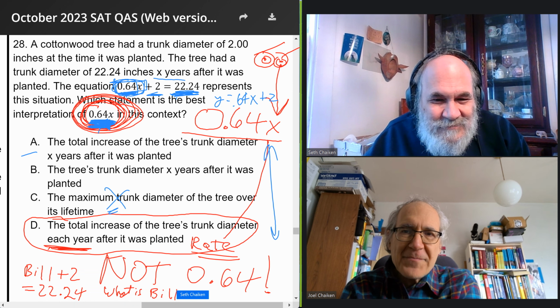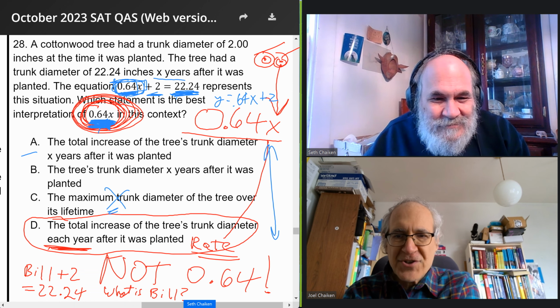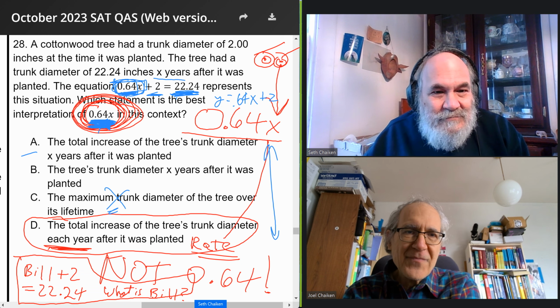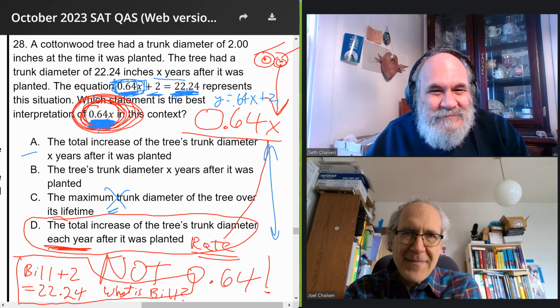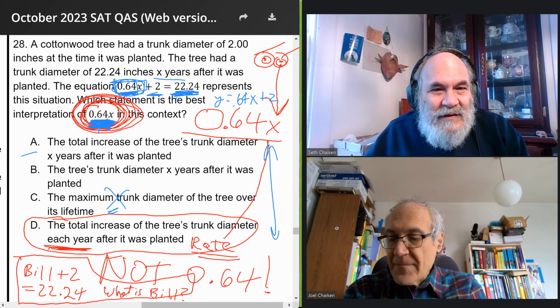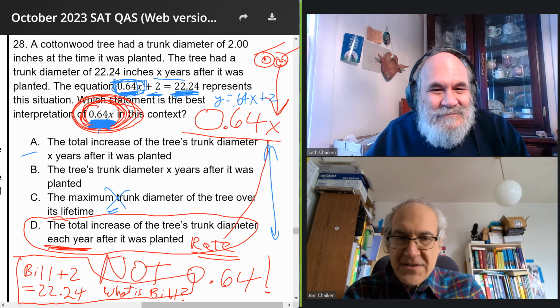The main idea is really unpacking the interpretation of terms in a mathematical expression. Boy, so it looked like it was linear growth, but it really wasn't.